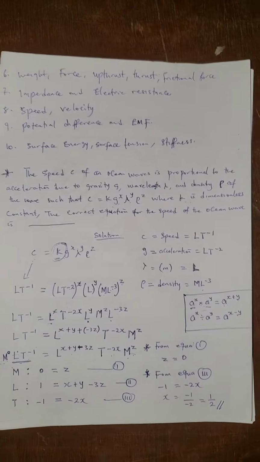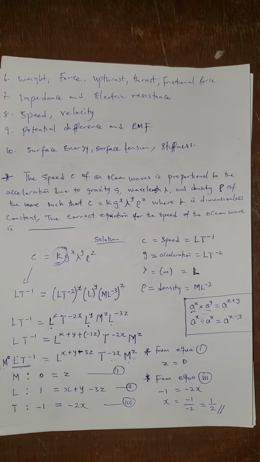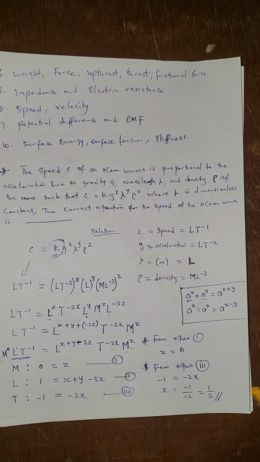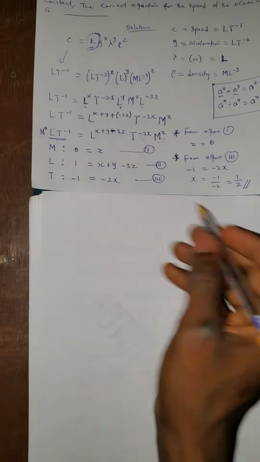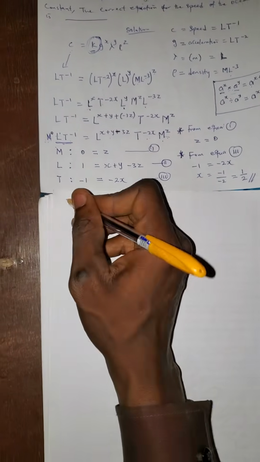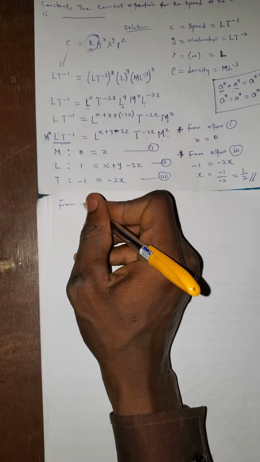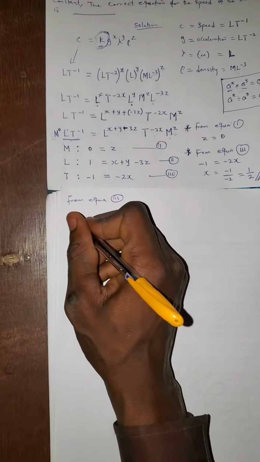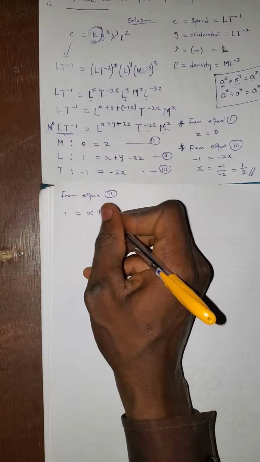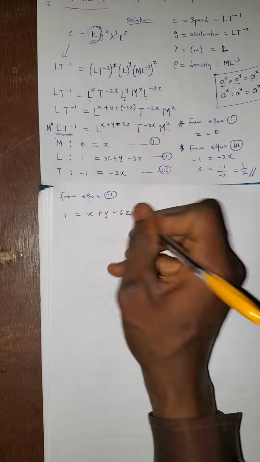So if x is 1 over 2, z is 0. So the only thing we need from this is y. Let's calculate for y. Now if you check this very well, we can only get y from equation 2. So from equation 2, we have 1 equals to x plus y minus 3z.